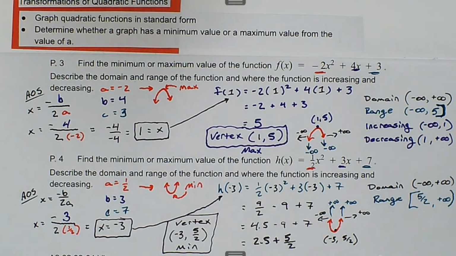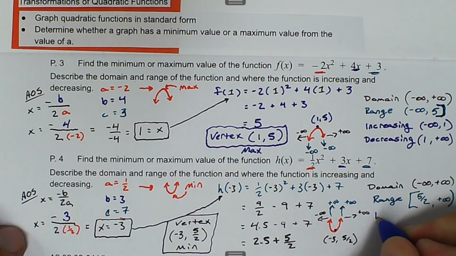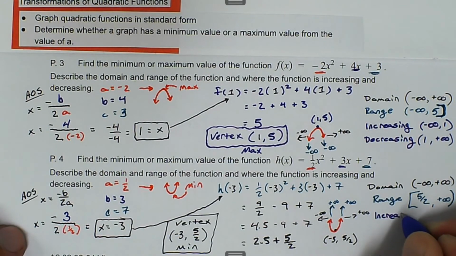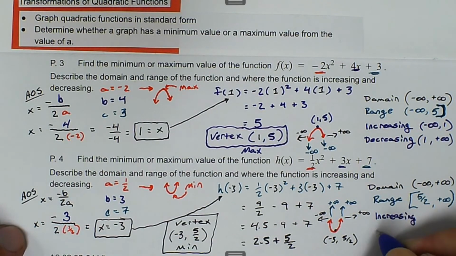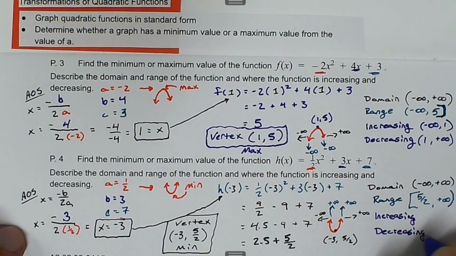Then we have increasing or decreasing. So decreasing, in this case, we start high and work our way low as we read the graph left to right.